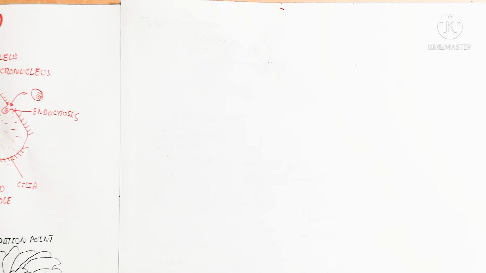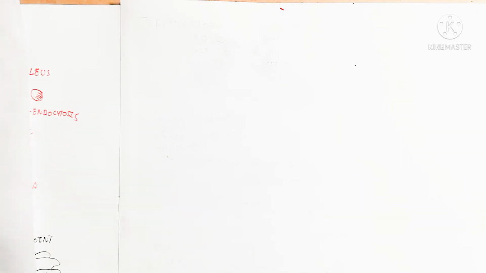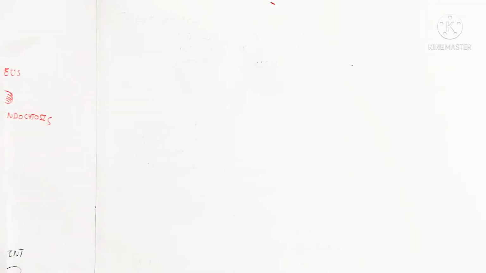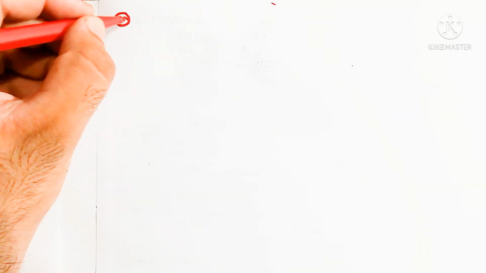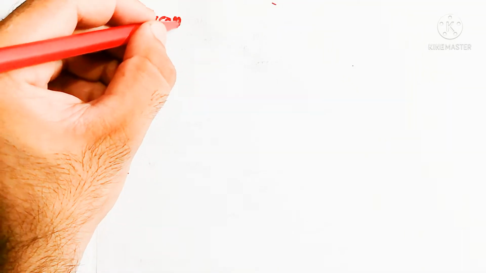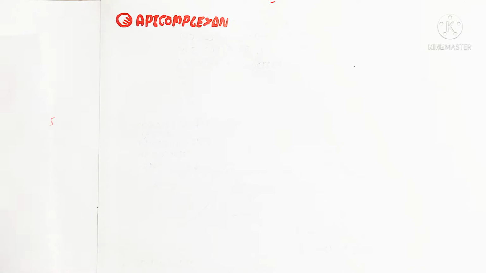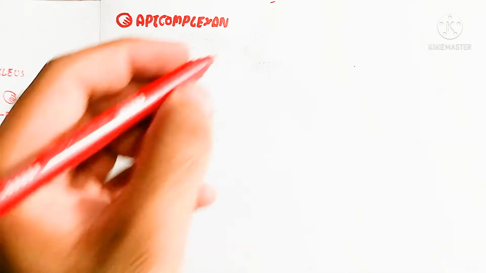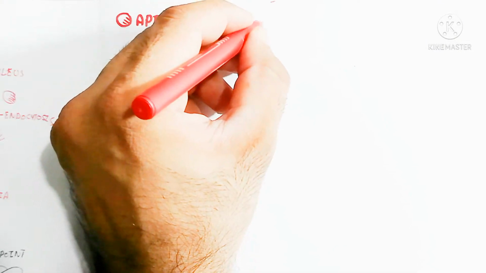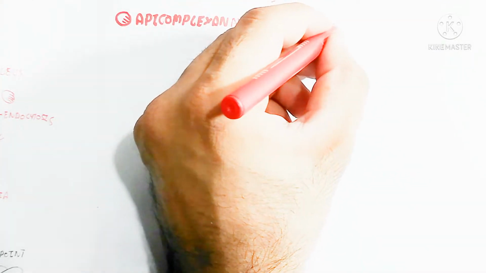Next we will discuss the parasitic mode of nutrition in the apicomplexans. The apicomplexan is a parasitic group of the kingdom Protista, and Plasmodium is the example. No locomotor structure is found in this class.